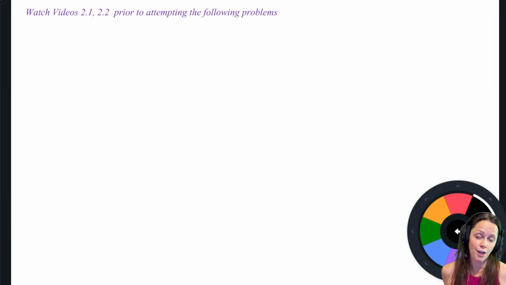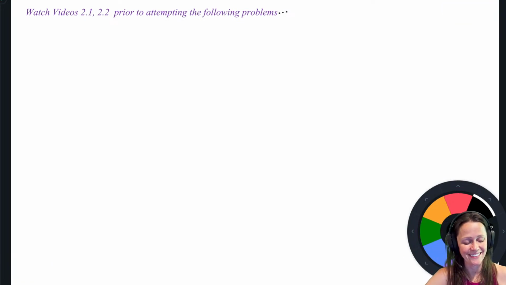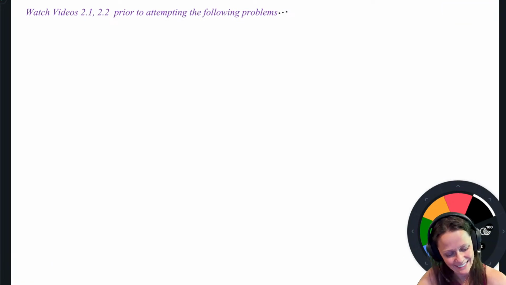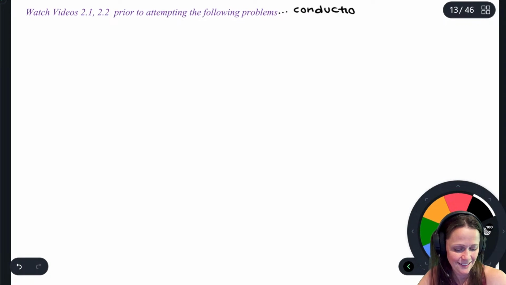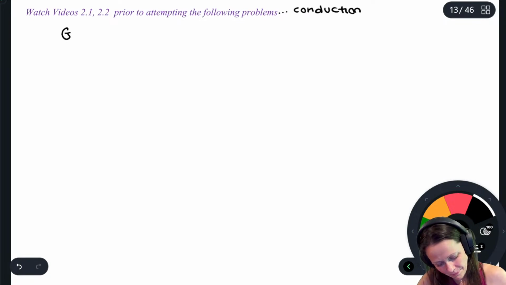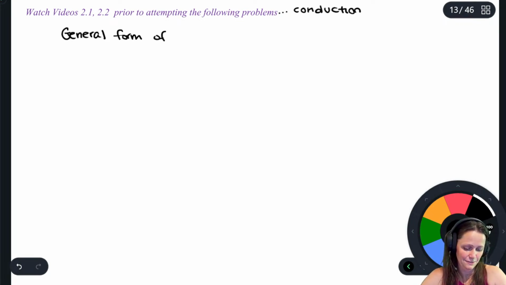So we've been talking about applying Fourier's law for one-dimensional heat transfer, which is fine, right? Conduction, heat transfer by conduction. So we're kind of going back, just looking at conduction and the general form of Fourier's law.